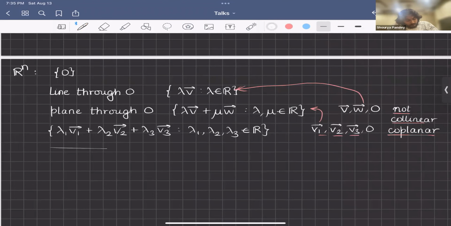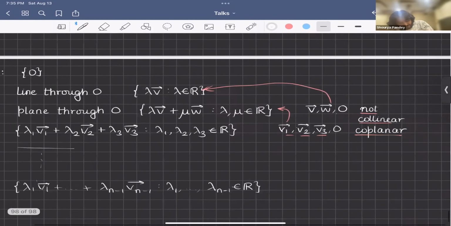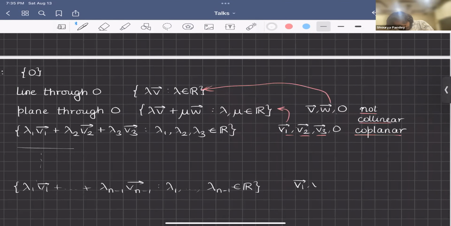And then you'll get the sum of 4 vectors, etc., till you get the sum of n minus 1 vectors, for lambda 1 up to lambda n minus 1 reals, where V1, V2 up to V n minus 1 and the origin do not lie on an n minus 2 dimensional hyperplane.